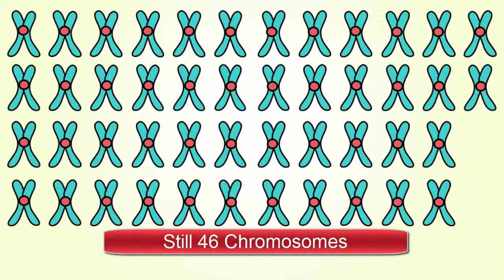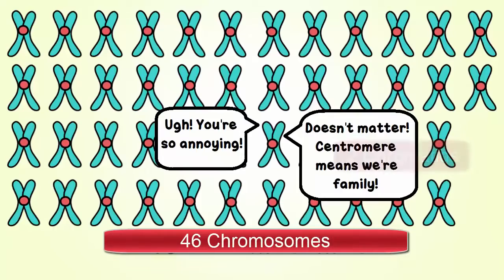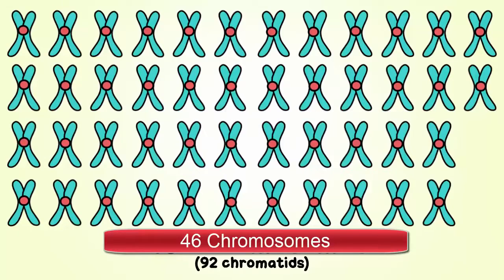But after duplicating in interphase, we still have 46 chromosomes technically, but they have 2 chromatids. We call them sister chromatids, and they're held together at one centromere. As long as those chromatids are still attached at the centromere, we still count 46 chromosomes, but they're duplicated.